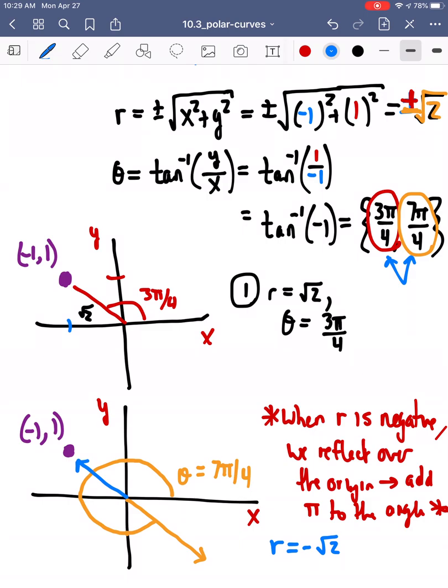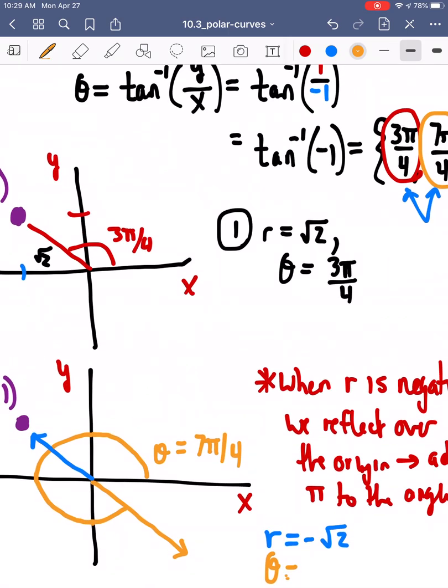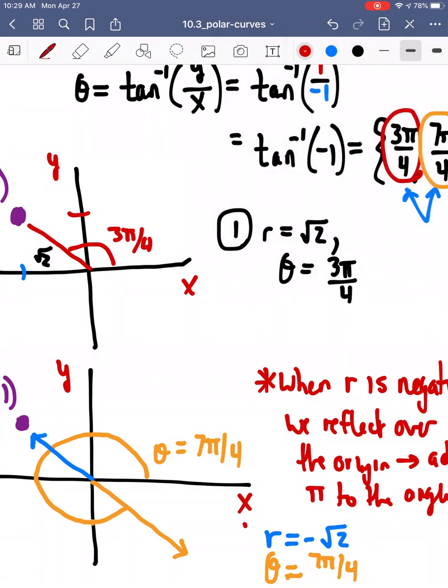So if we have r equals minus root 2, we can choose the angle 7 pi over 4, and that combination will also place us at the correct coordinate.